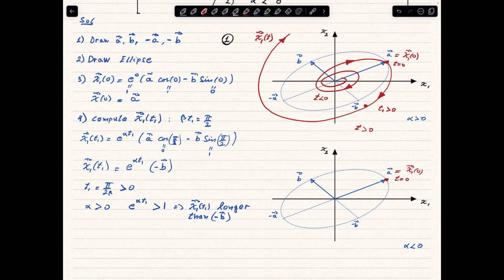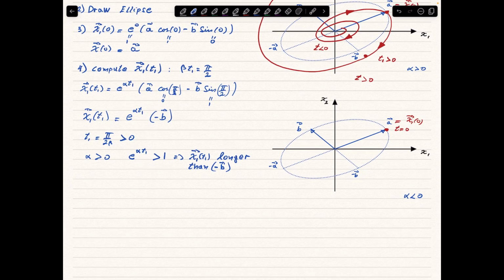And now we have to compute at the particular t1 that we choose to be exactly the same. But now the factor is where alpha enters. What happens when alpha is negative? Well, in exponential alpha t1, this is a negative number.